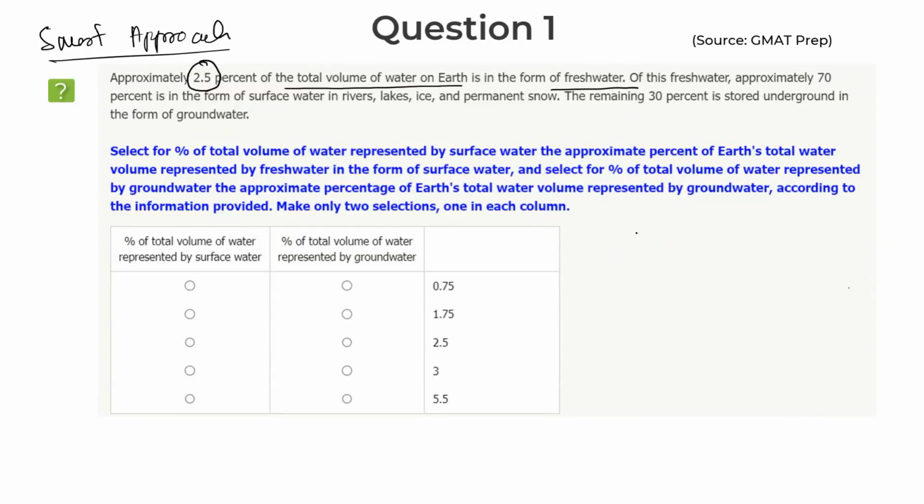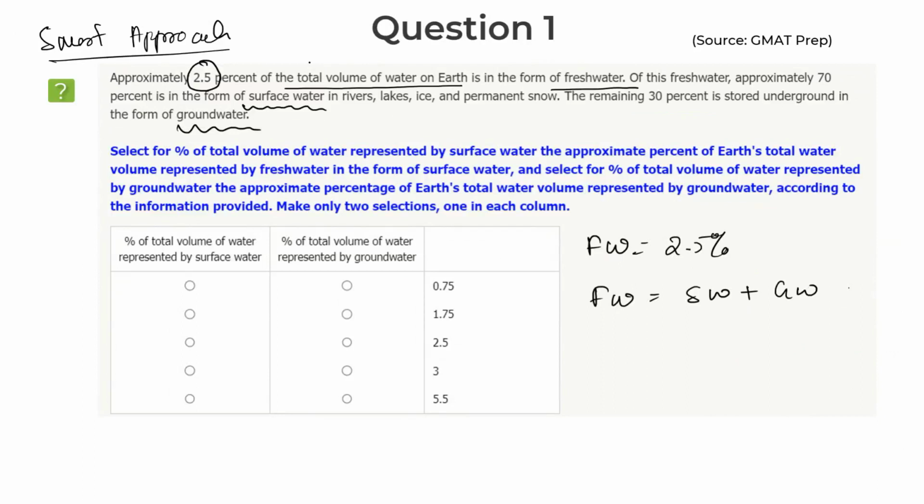So let's just write this as total. Fresh water is already 2.5%. Now this fresh water consists of surface water and groundwater, right? This fresh water consists of surface water and groundwater.